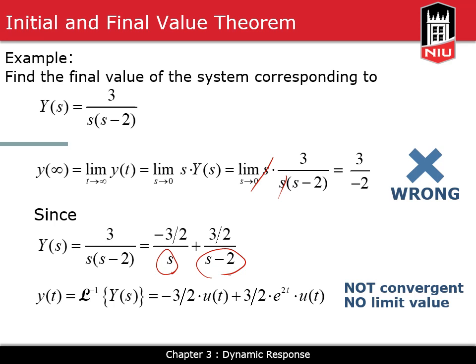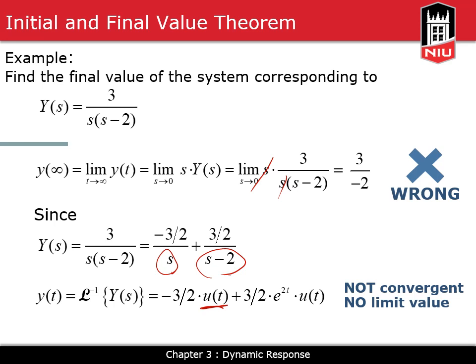After doing the partial fraction expansion, we can apply the inverse Laplace transform. Inverse Laplace transform of y of s would be negative 3 over 2 times the inverse Laplace transform of 1 over s. Inverse Laplace transform of 1 over s is the step function u of t, plus 3 over 2 times the inverse Laplace transform of 1 over s minus 2.